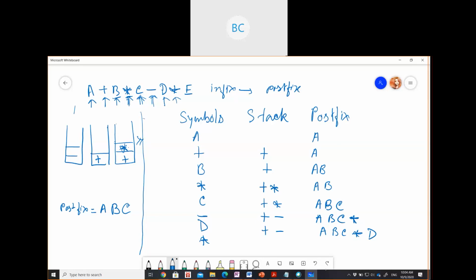Now you have plus and minus and now you are getting multiplication which has higher precedence. So this one will remain same and you will simply keep this multiplication here. Next symbol is your E. Okay. So E you will simply put it here.